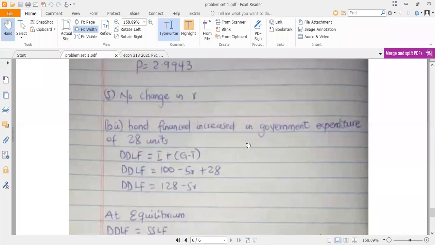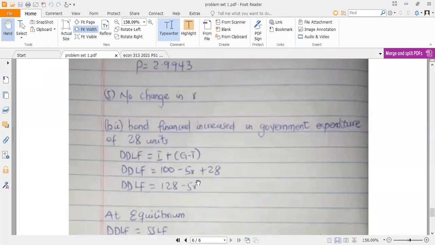So if now we are introducing government spending, then we add the government spending to the investment function. So now the demand for loanable funds will be this investment function, which is 100 minus 5R. Then we add the government spending, which is 28. So this is going to be the new demand for loanable funds function, 128 minus 5R.